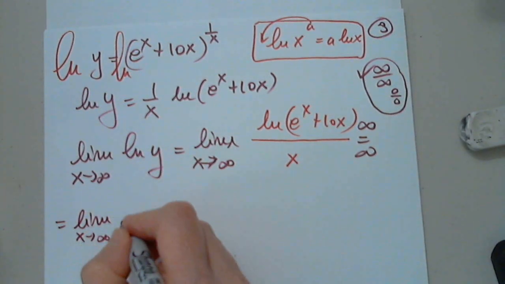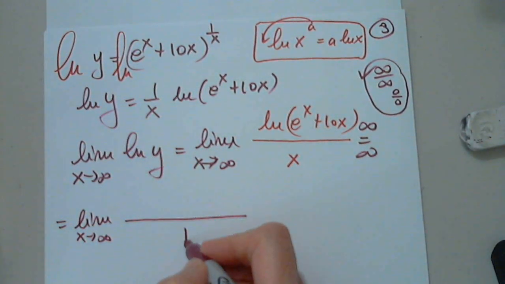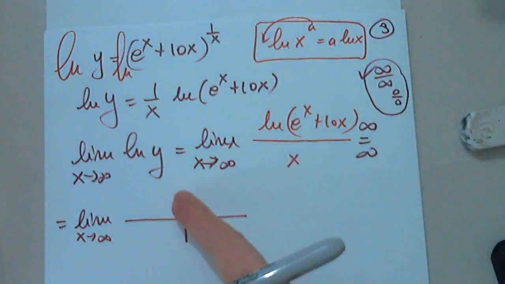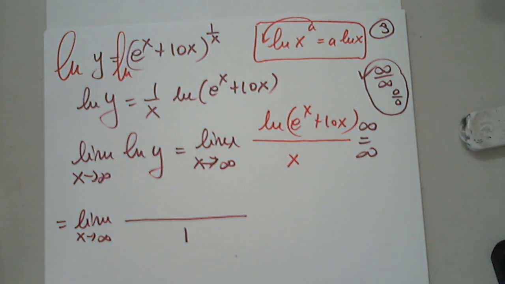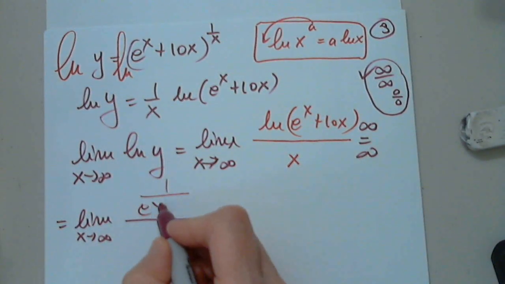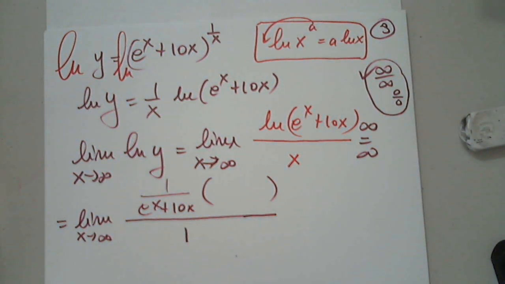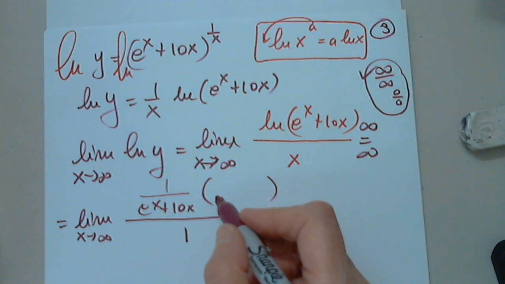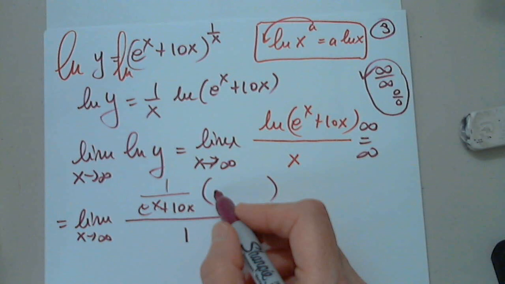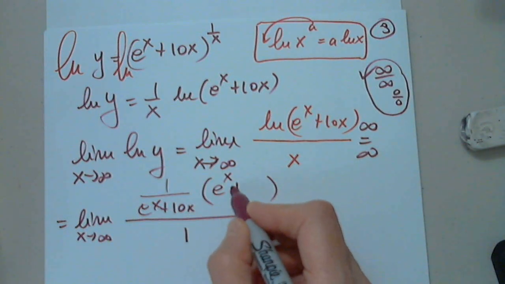Limit as x approaches infinity. I will differentiate the easy one, and you will differentiate the difficult one. Can anyone tell us how to differentiate natural log of e to the x plus 10x? Yes, 1 over e to the x plus 10x times e to the x plus 10.